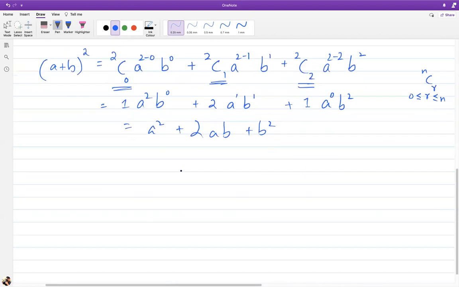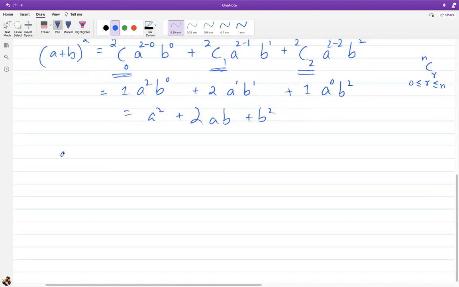So how do we expand it? If I have to find a general term, then a plus b power 5, let's say, will be 5c coefficient 0, a to the power 5, b to the power 0. Then 5 coefficient 1, a to the power 4, b to the power 1. Then 5 coefficient 2, a to the power 3, b to the power 2.